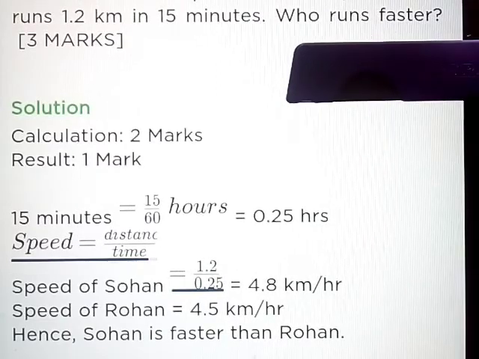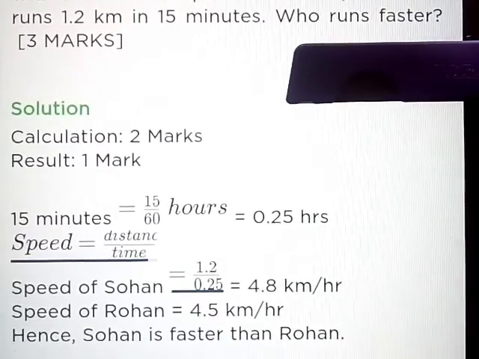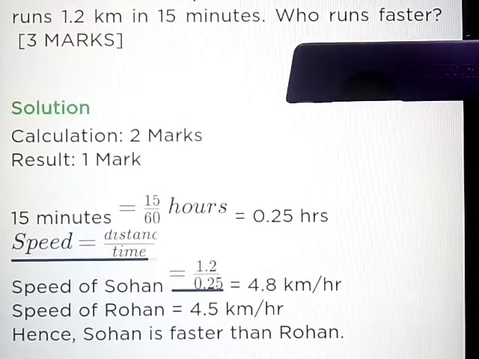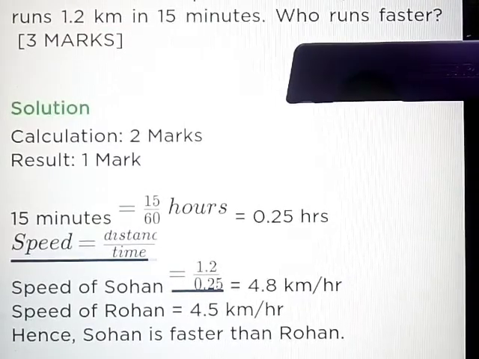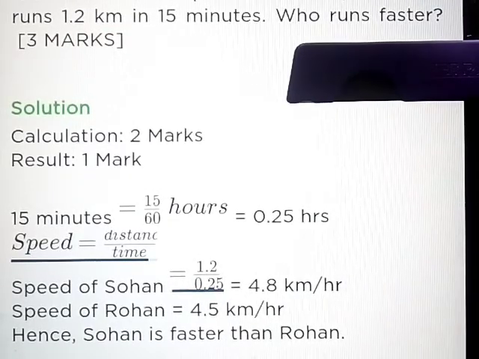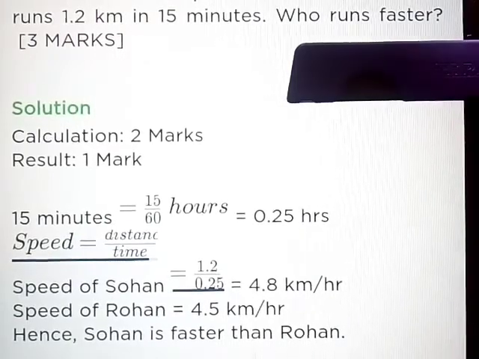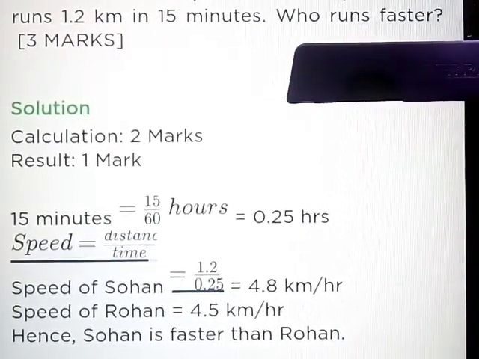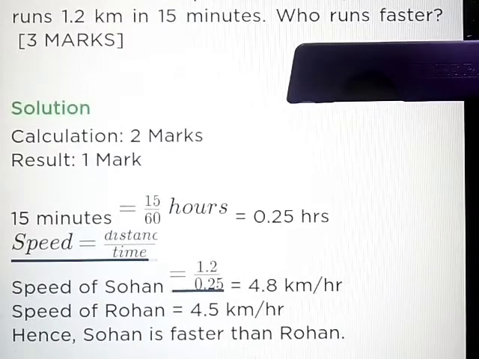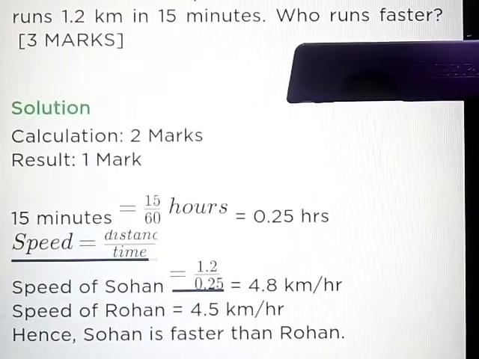Speed is equal to distance upon time. Speed of Sohan is equal to 4.8 km per hour. Speed of Rohan is equal to 4.5 km per hour. Hence, Sohan is faster than Rohan.